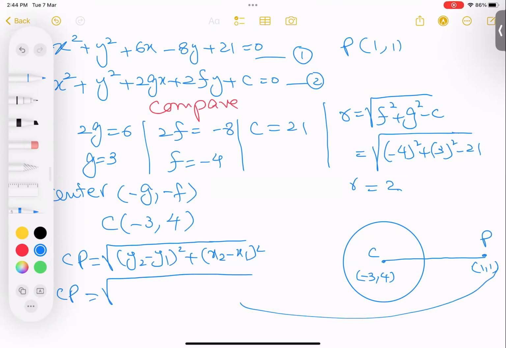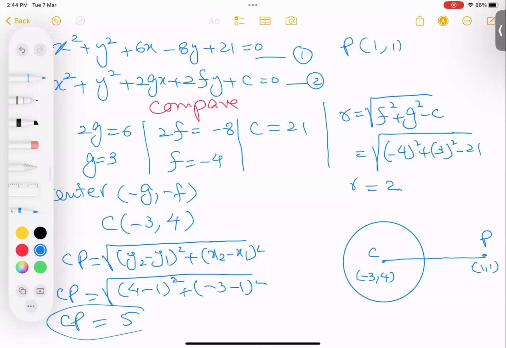For example, 4 minus 1, and minus 3 minus 1. So I get 9, because 4 minus 1 is 3, squared is 9, plus 16, and I get a distance of 5. So the CP distance is 5, the full distance is 5.